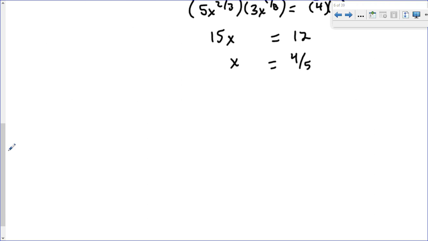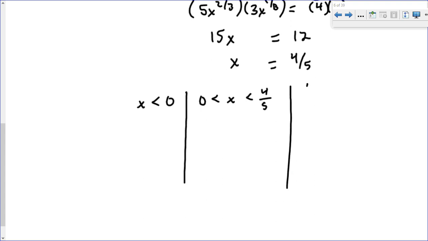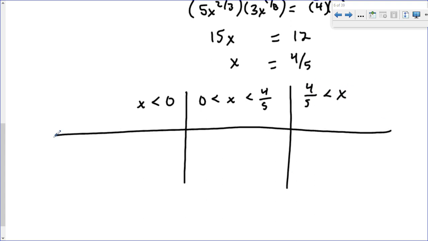So I've got some intervals here. x is less than 0 when I go from left to right. Then I pick it up at 4/5. I'm using set notation this time, not interval notation. Look at the intervals. They cover everything from left to right.